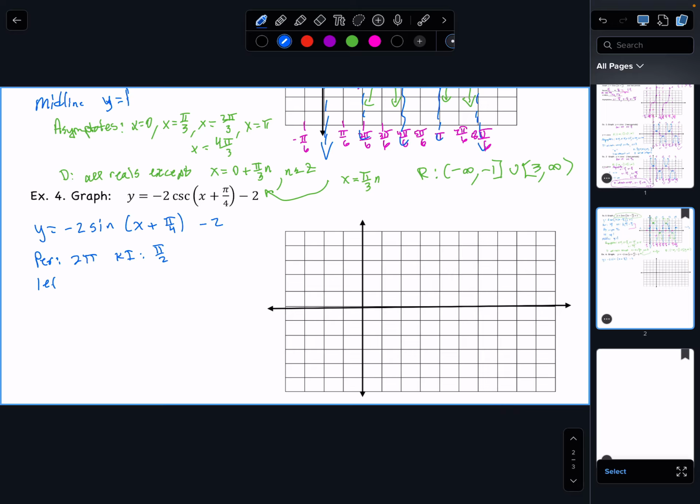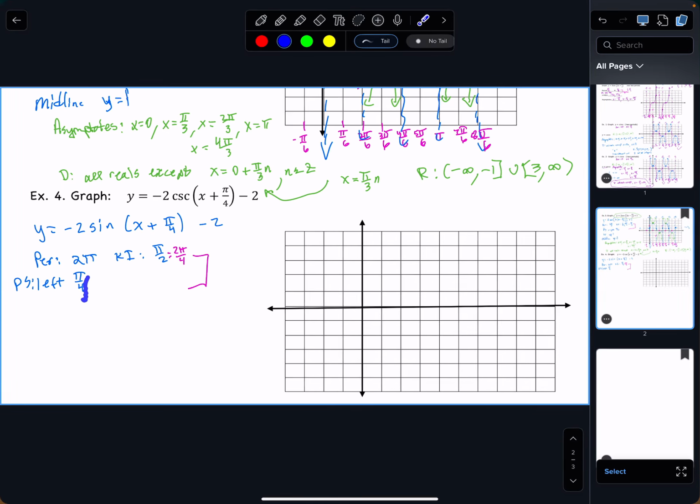But your phase shift is left pi fourths. And so you need a common denominator between your key increment and your phase shift. And so the key increment is 2 pi fourths.